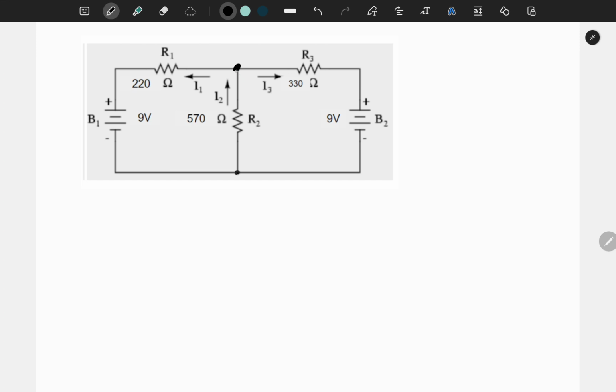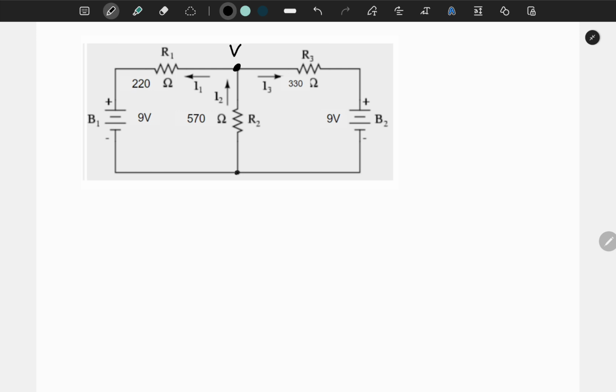You're just finding what the voltage at that node itself is. However, we just do not know what this voltage at that node is.